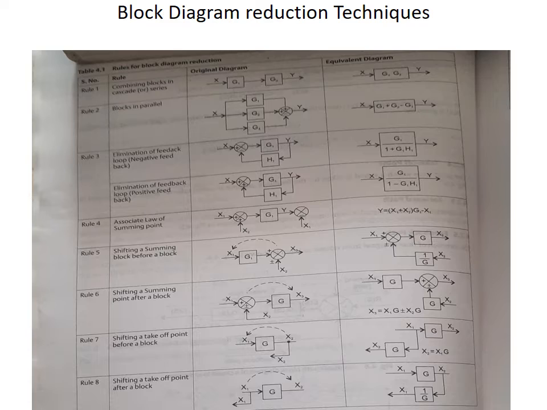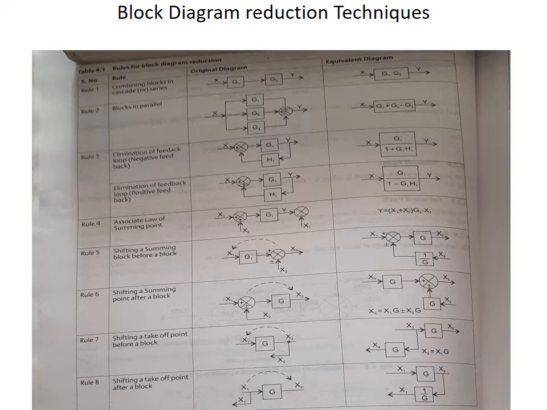The overall transfer function of G1 and G2 can be placed inside a single block, G1 G2. If they are connected in series, you have to multiply the gains. That is the first rule.